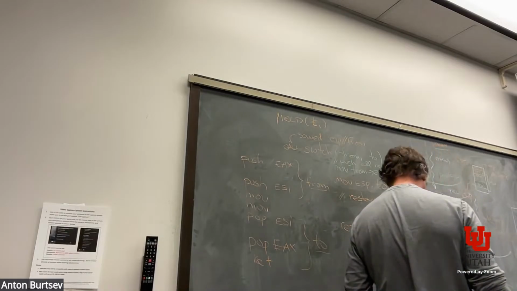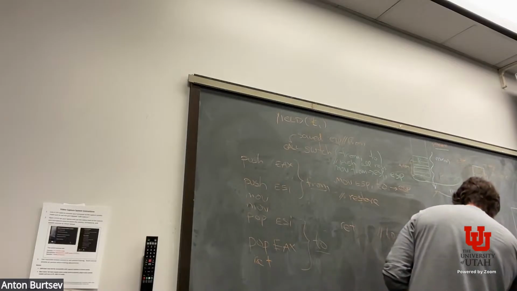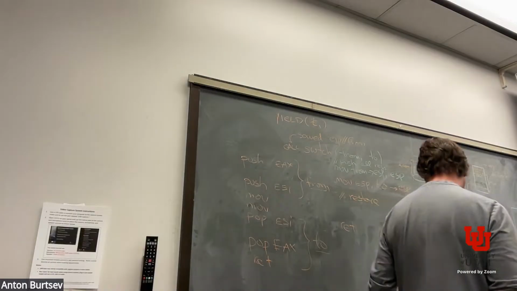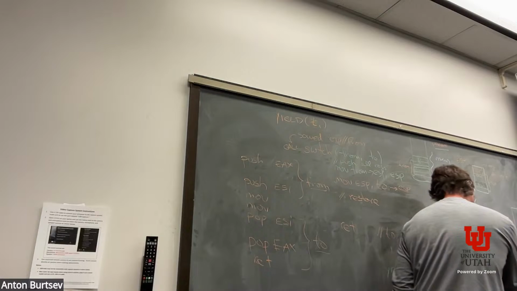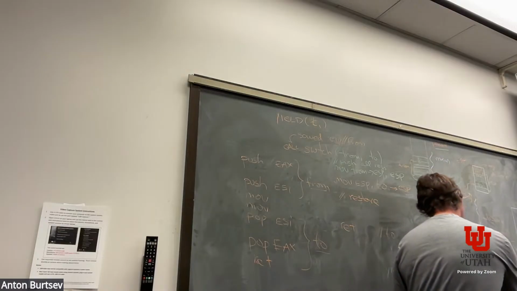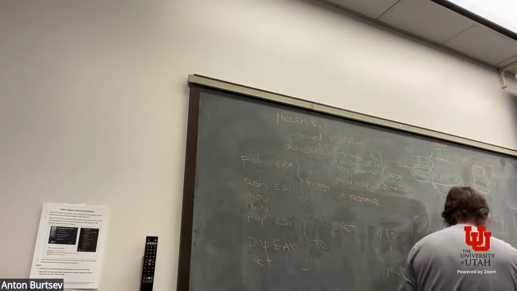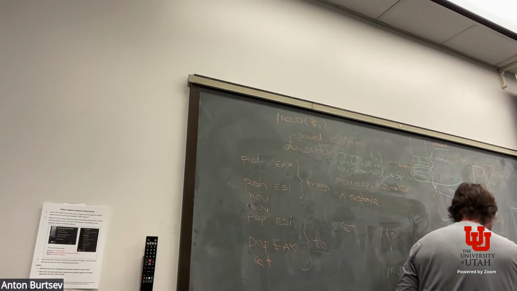Imagine, just for the sake of a concrete example, that this is 32-bit assembly or 32-bit machine code, and the System V ABI is that the two arguments are pushed on the stack.